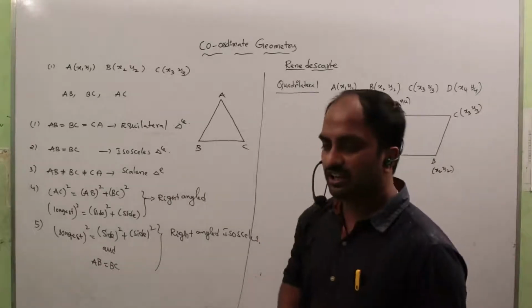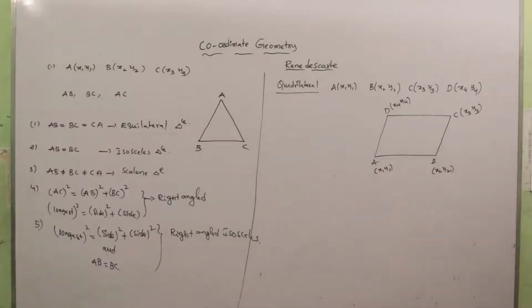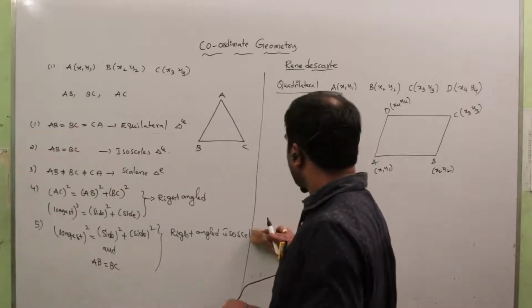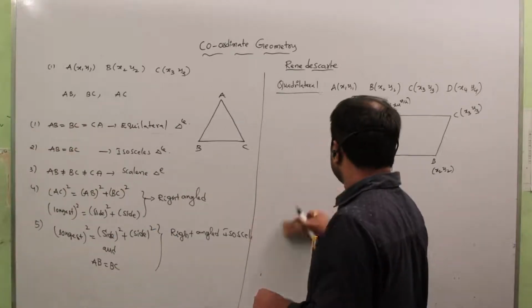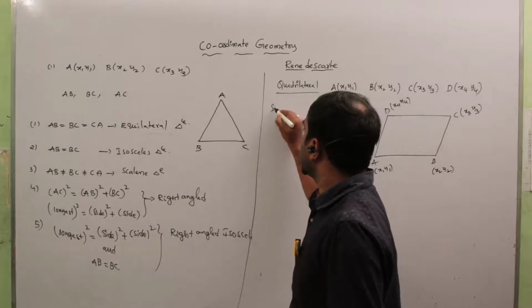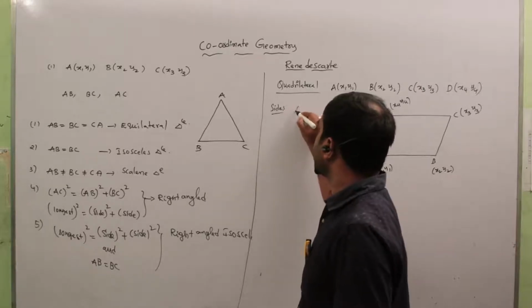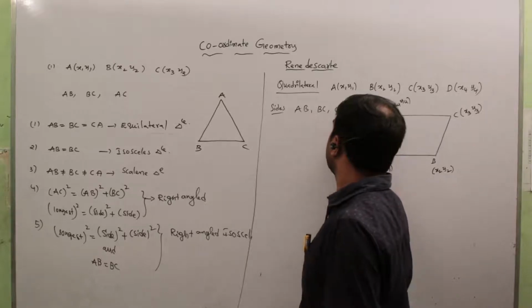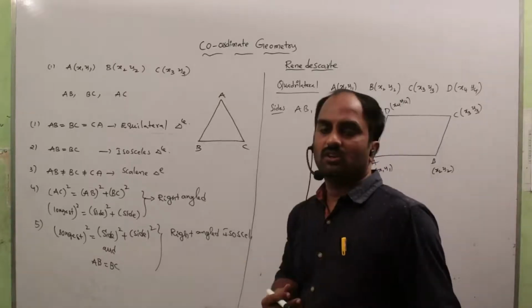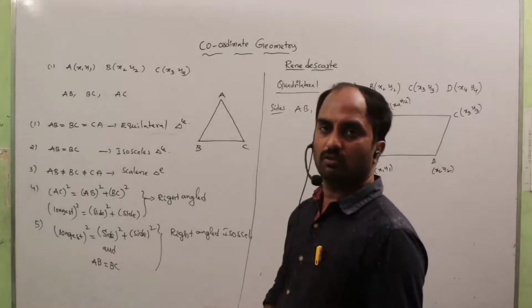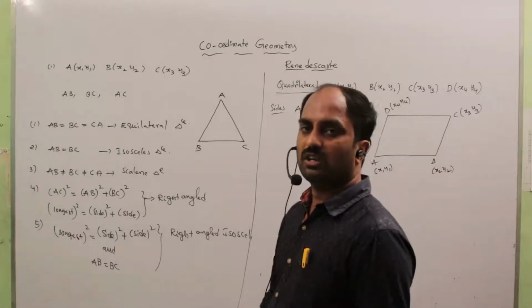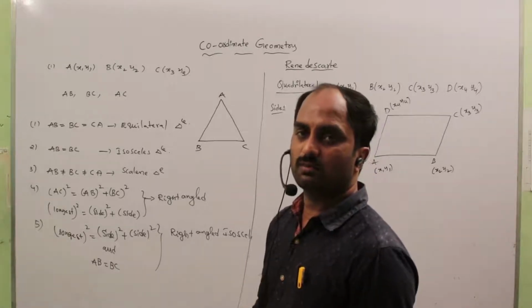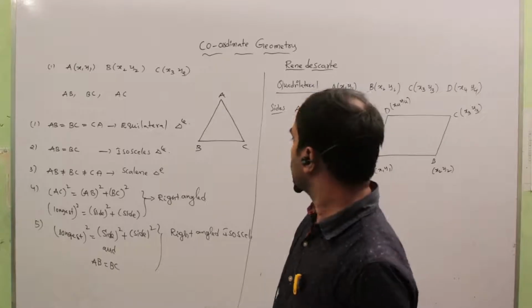First we have to find out all the 4 sides of the quadrilateral. What are the sides? AB, BC, CD, DA. All the 4 sides you have to find out by using the distance formula, root over (x1 minus x2) whole square plus (y1 minus y2) whole square.